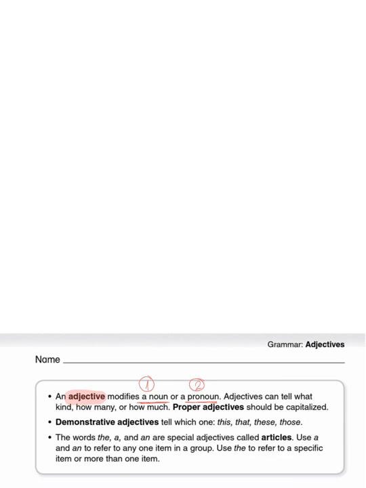Super easy. Look at the examples here. For example, if I said, Ahmed is a smart boy, here all will say that smart is the adjective and it describes boy.